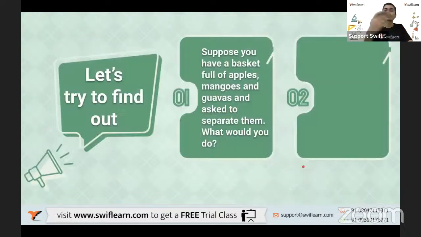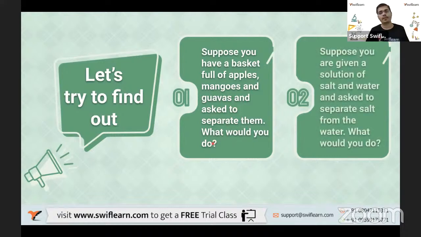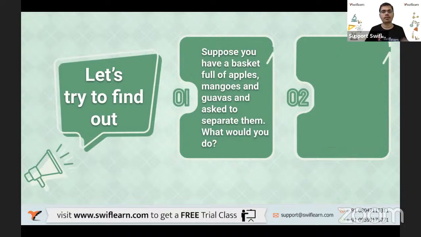Very good. So let's try to find out. The first thing is, suppose you have a basket full of apples, mangoes, and guavas, and you are asked to separate them. What would you do? Yes, anybody? What would you do?